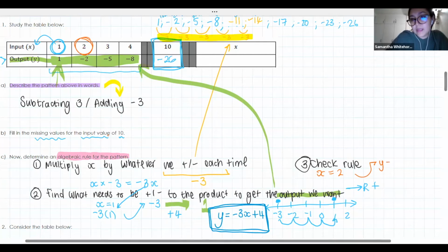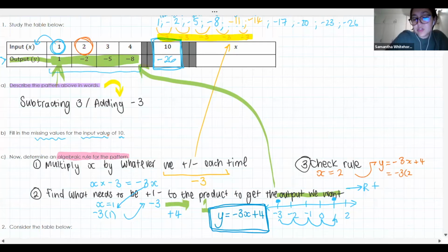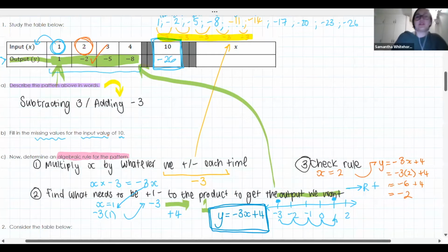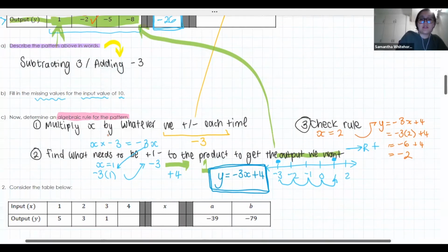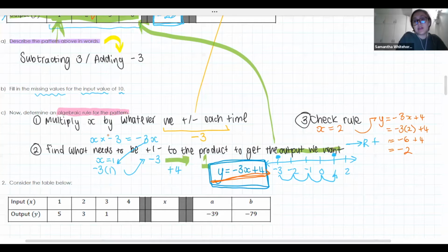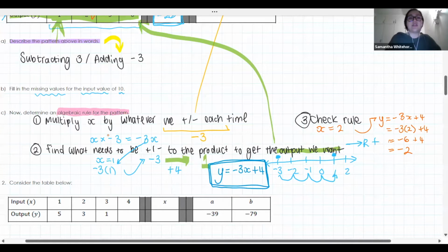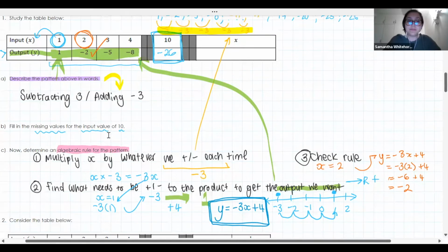So y equals -3x plus 4. -3 times 2 is equal to -6, and -6 plus 4 is -2. That is the output that I wanted, so my rule is correct. So this rule that I've got of y is equal to -3x plus 4 is correct for this number pattern.